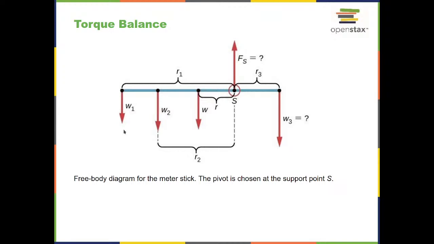If we wanted to write the conditions for static equilibrium, one of them will be that the sum of those forces has to be equal to 0. That will immediately tell us that this unknown reaction force, or normal force at the fulcrum, will have to be in magnitude equal to the sum of all the weights that it's holding up.